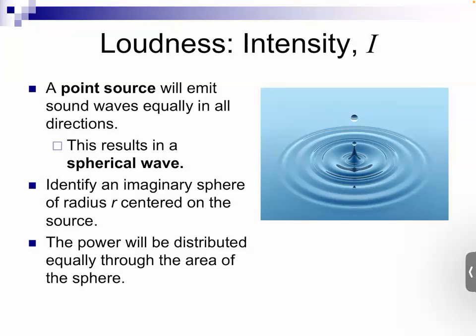Now, if you translate that to sound waves and imagine that you have a point source like a speaker where sound is coming from, the sound propagates as circles around the source of sound. But it's three-dimensional, so you can think of it as a sphere. Sound propagating as spheres coming from the point source.